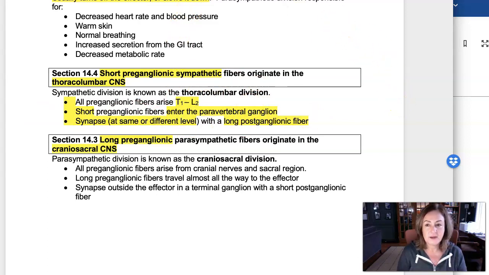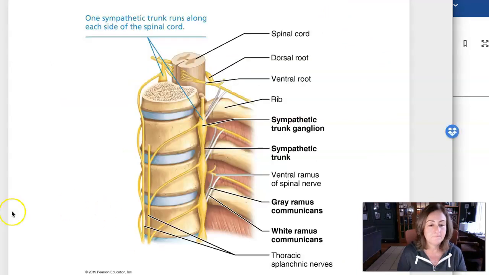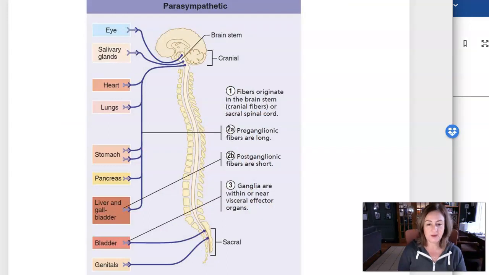So let's take a look at the parasympathetic division. The parasympathetic division is known as the craniosacral division. As we said before, it's innervating basically the same effectors, except here all of the preganglionic fibers are exiting through cranial nerves and through the sacral level of the spinal cord.